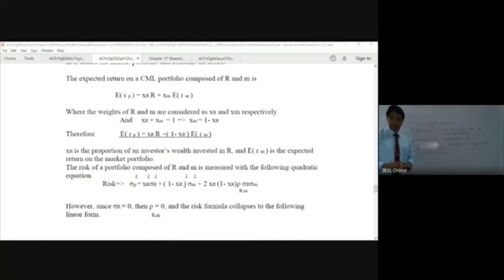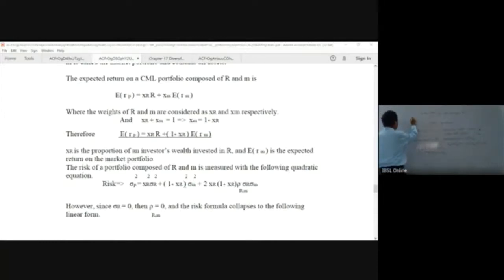Calculation of CML portfolio risk. For that, we need to have these assumptions.